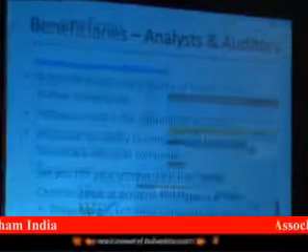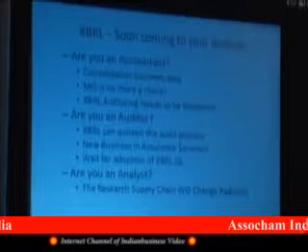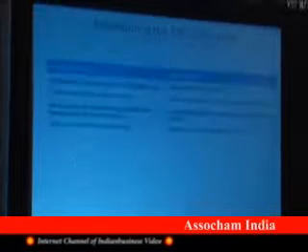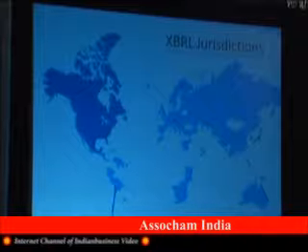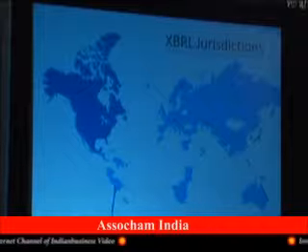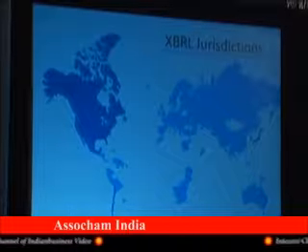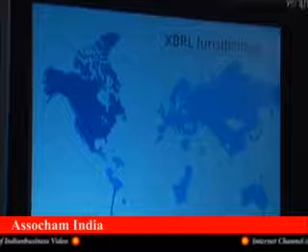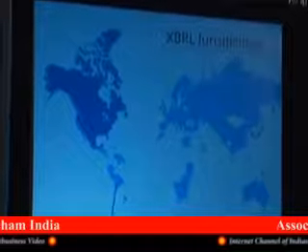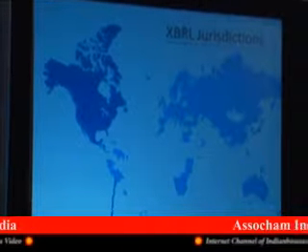So this is in brief about the concept of XBRL and what the advantages are. But this is one language of the future. If you currently see, the world is catching up fast on the usage of XBRL.